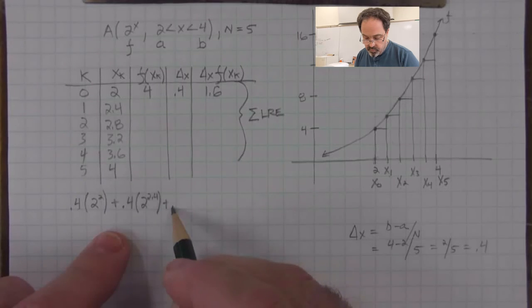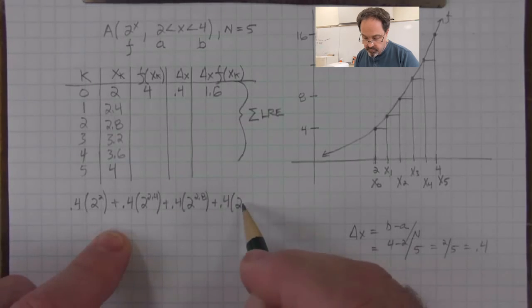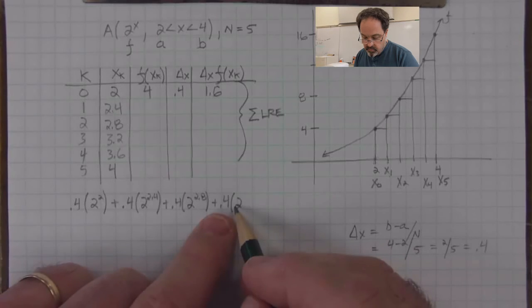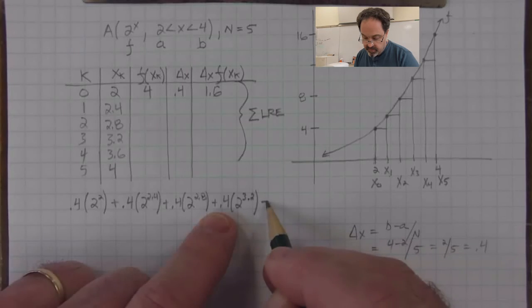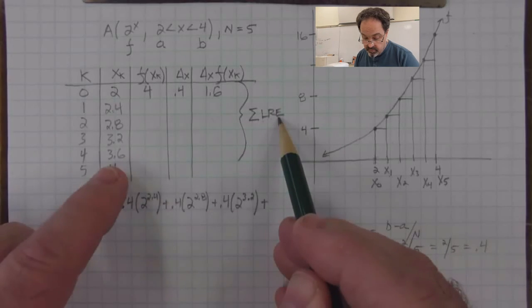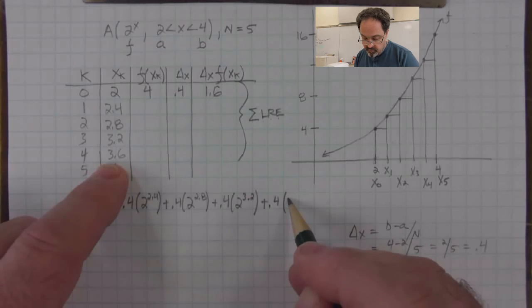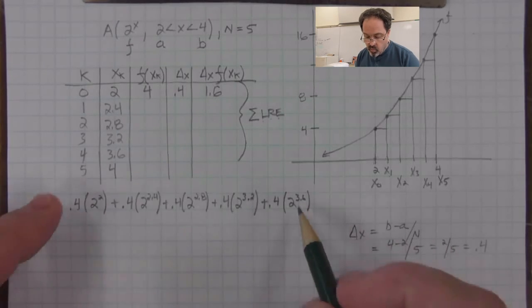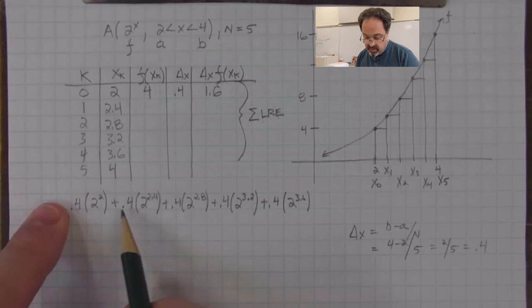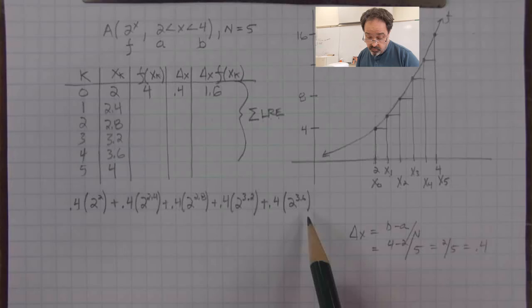The third rectangle is 0.4 times 2 to the 2.8. Fourth rectangle, 0.4 times 2 to the 3.2. Last rectangle in the left rectangle estimate is found as the base 0.4 times the height found as 2 to the 3.6. When I list the rectangle areas and their calculation like this, it's produced a series.